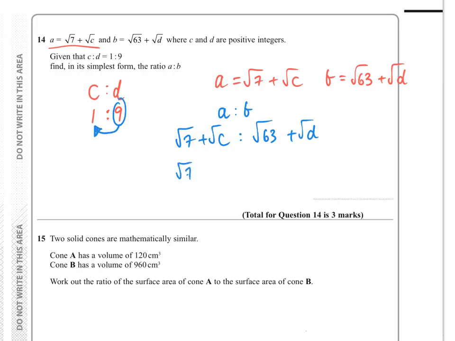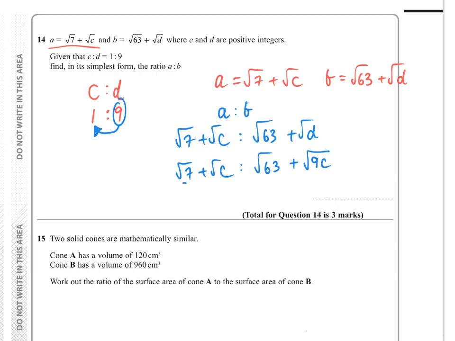So we can say root 7 plus root C is the same as, is the ratio to root 63 plus root, well, D is 9 lots of C.